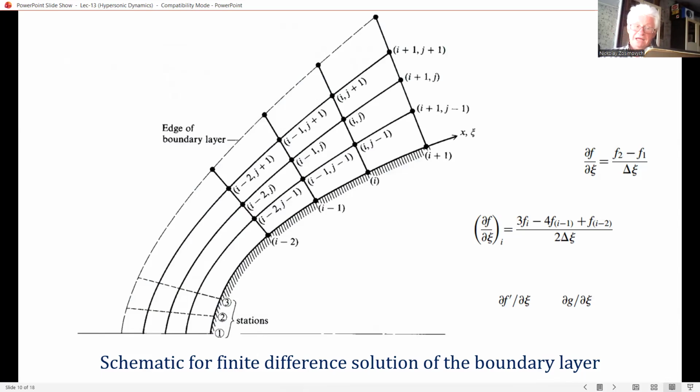In this figure, station 1 is denoted, namely that stagnation point.